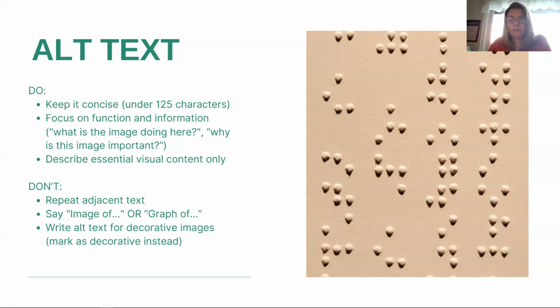Some quick tips on writing alt text: alt text describes the purpose of an image to screen readers and also provides information to those who might have a different type of learning disability. Some important do's. Keep it concise and under 125 characters.